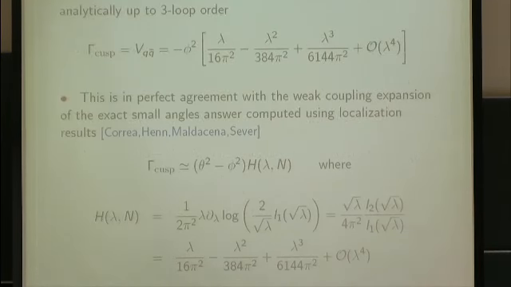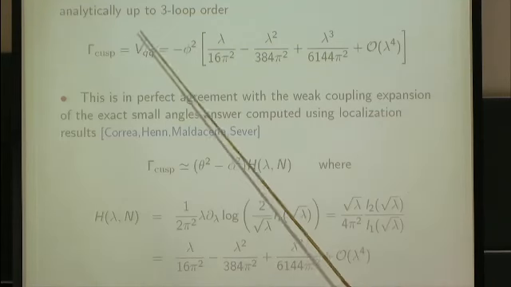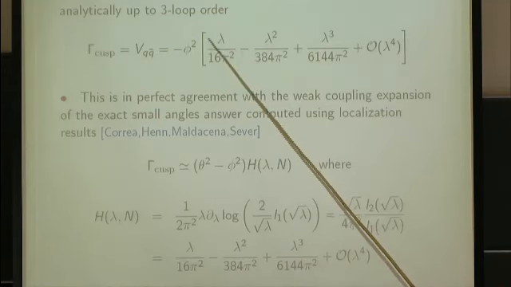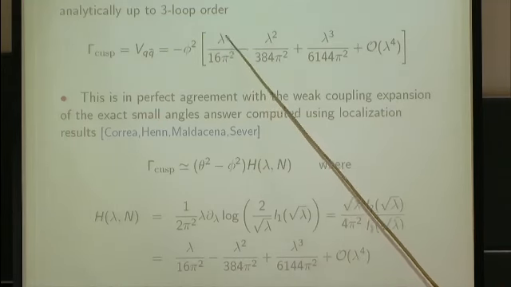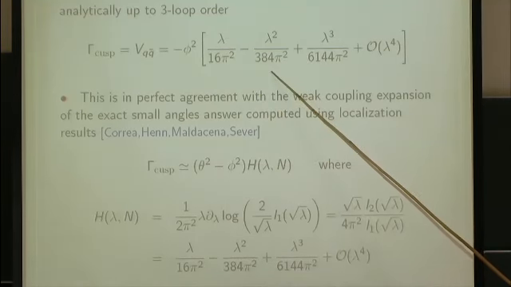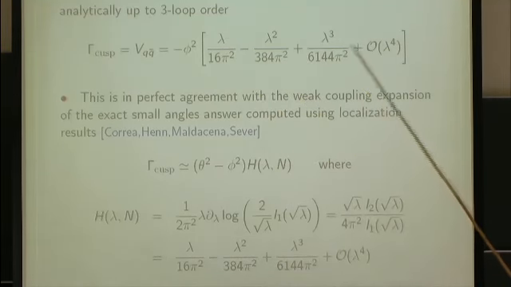What we did was to consider the small angle limit. In this limit, first, the TBA equations simplify, and secondly, we know the exact answer. If we take this limit in which the TBA simplifies, by doing this iteration procedure I was telling you here, we did it 3 times, and we computed the leading order answer, or the small angle limit of the leading order answer, but then the next to leading order gave us this, and next to next gave us this.